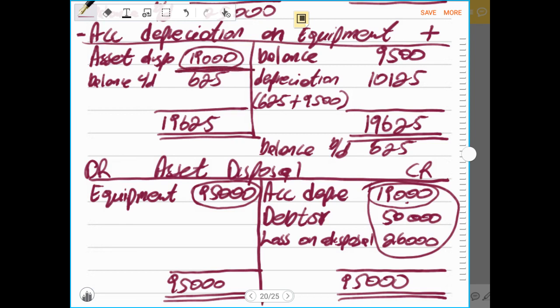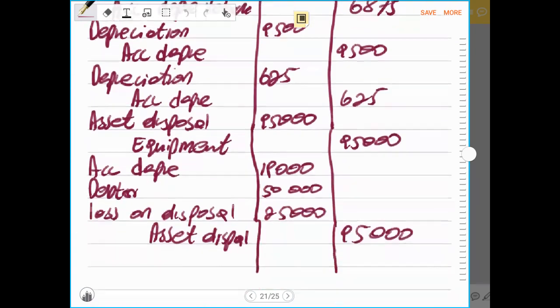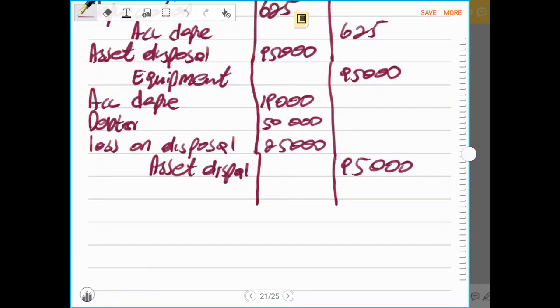So now we are done. 10,125 is recorded because we have separated that into 625 and 9,500, and 95,000 rands has been recorded. This was recorded. We don't have to do any journal entry with regard to that. So now that means we have recorded all the journal entries that affect only the assets in terms of vehicles and equipment.